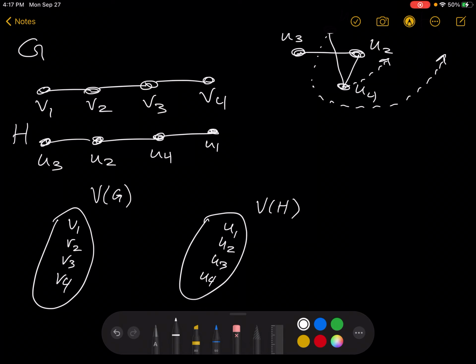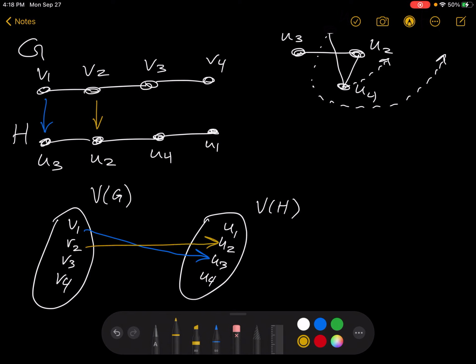Now you can see V1 would go to U3, V2 would go to U2, V3 would go to U4, and V4 would go to U1.